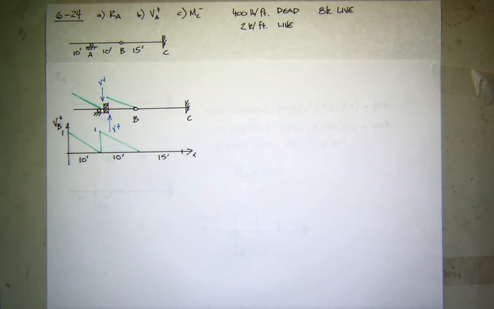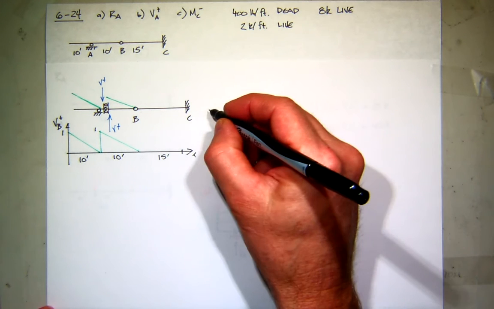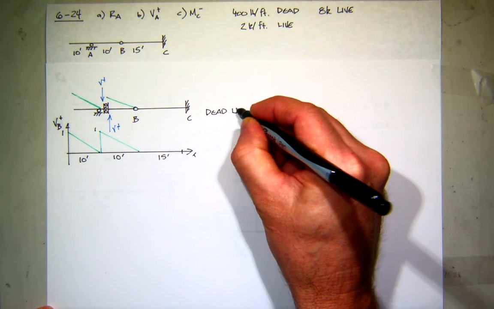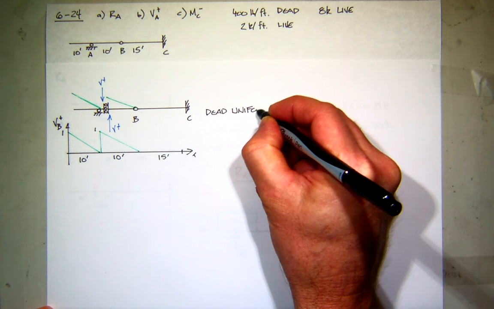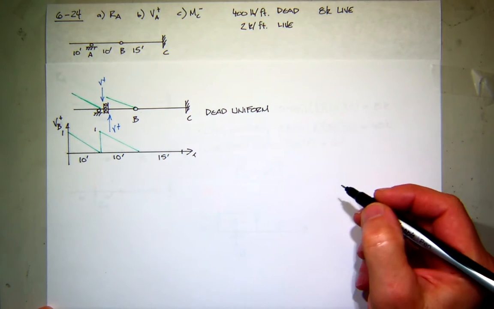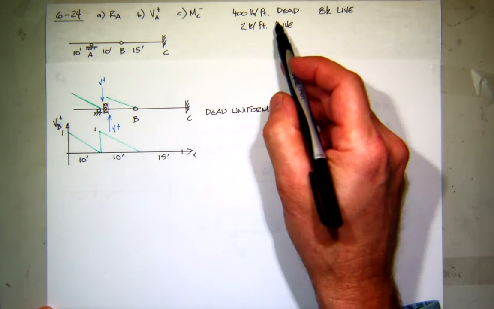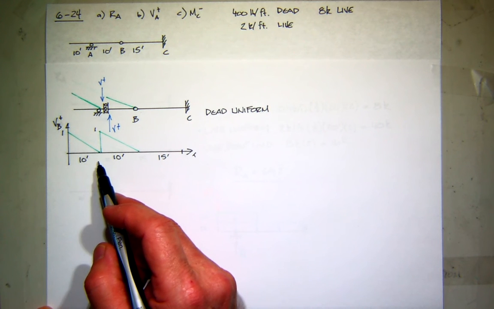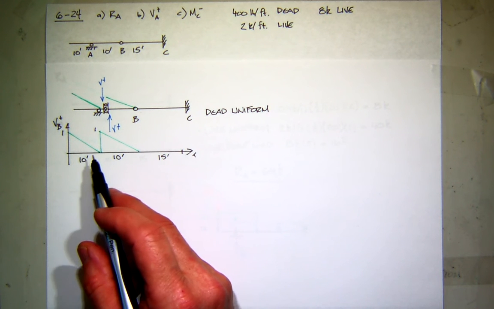So that's it. Very similar to the first part of the problem, we'll start with the dead uniform load. And what do I have to do? Well, remember my dead load is 0.4 kips per foot. I just have to multiply it by these 2 areas. And if you'll notice, there are 2 triangles. They're the same, right?